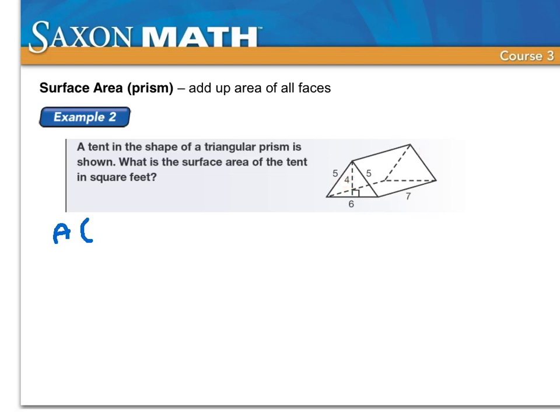So we've got the front triangle, and we need the area of the back triangle, and those should be the same, just like the front and back. Plus, we've got a right side rectangle and a left side rectangle.